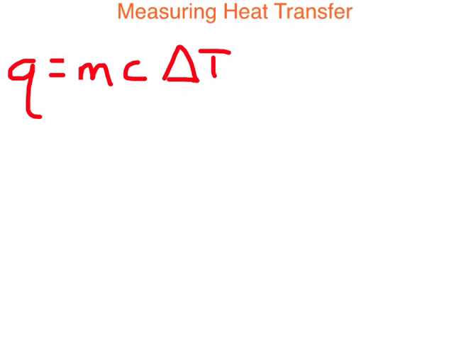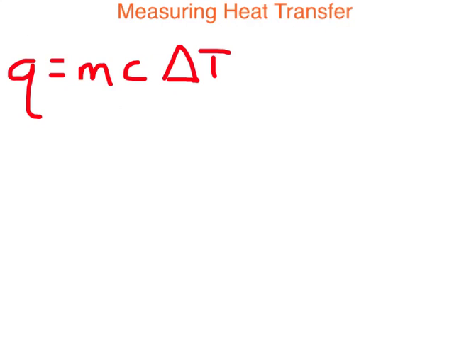So the more we know about these particular things, the more we can use them to our advantage. Okay, so that is basically why we need to know this stuff. Again, this is not how you calculate heat transfers in chemical reactions, but since chemistry is a study of matter, we look at all of these factors as we go through.